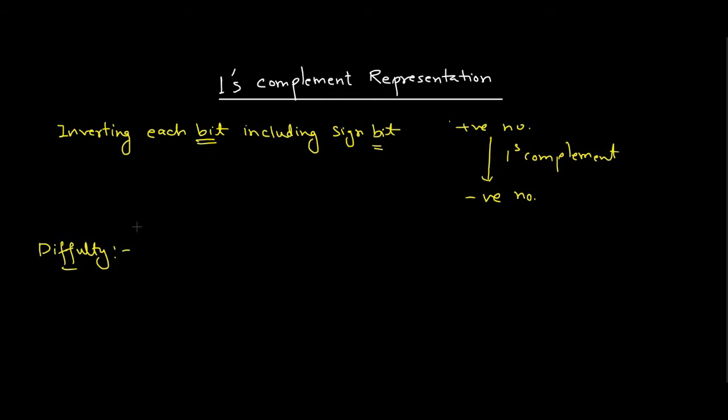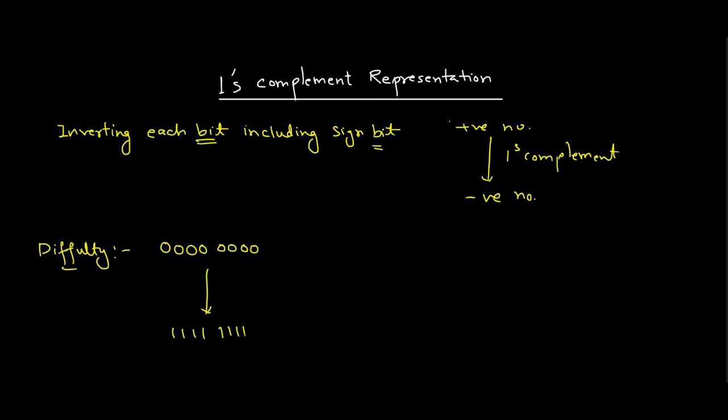To represent 0, for example, in an 8-bit representation, 0 is written as this one, and its 1's complement is simply this one.